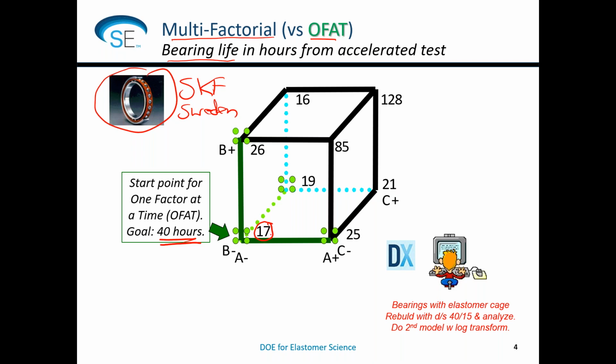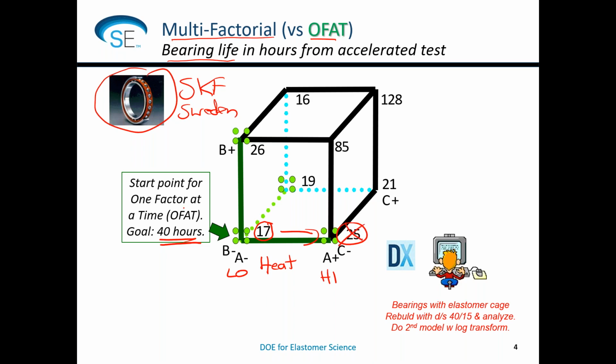Now, when these engineers started, they didn't know any other way other than one factor at a time. So they simply changed the first factor that they thought was going to be most important, which was related to a heating type factor. They went from low to high on that one factor, and they got an increase, but it wasn't enough to meet the goal.